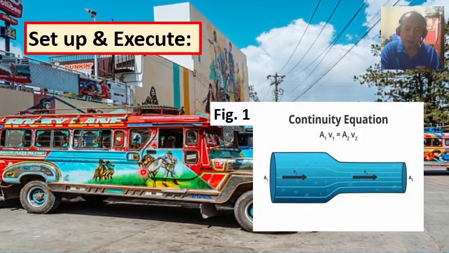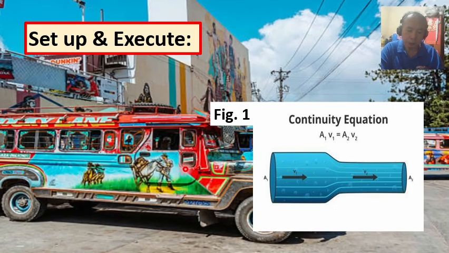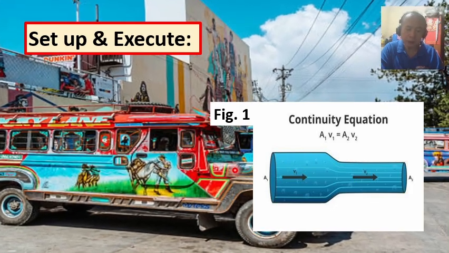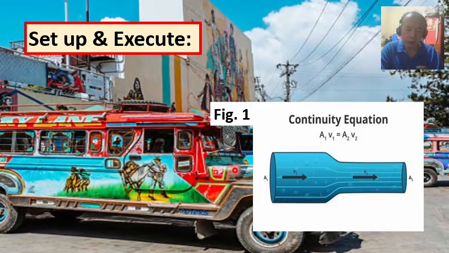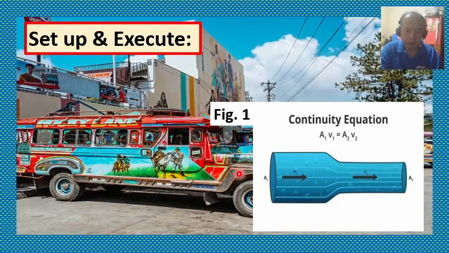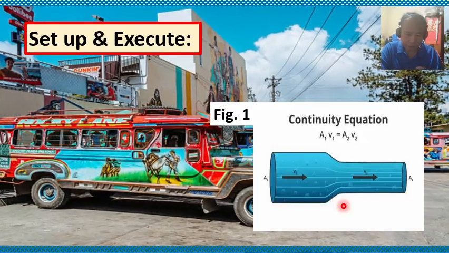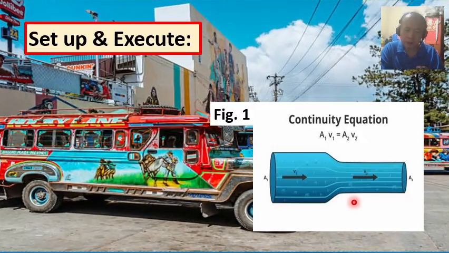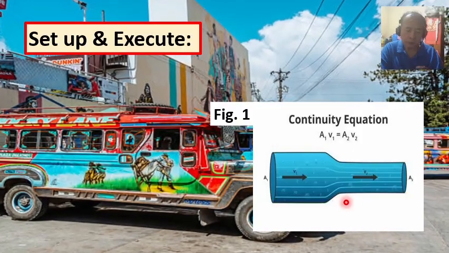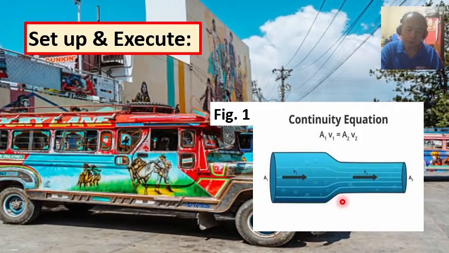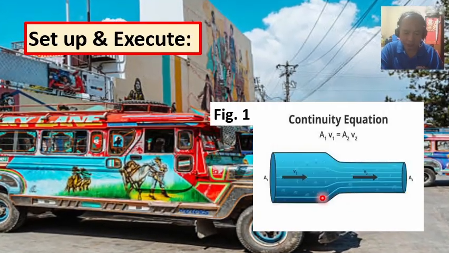To find the first target variable, v sub 2, we apply what they call the equation of continuity, as shown in the figure. The rate of water flow in a pipe with varying diameters or radius is always constant or the same.